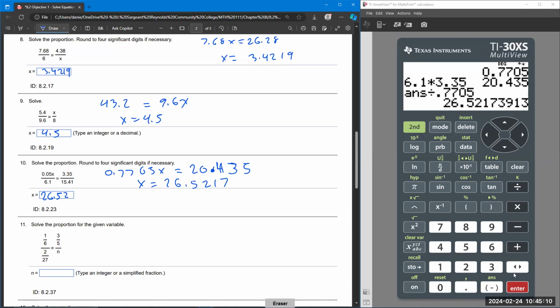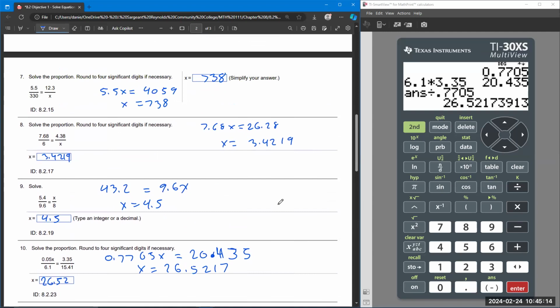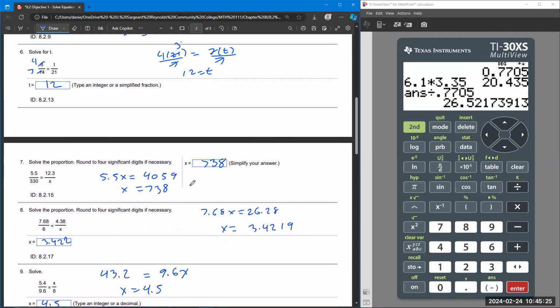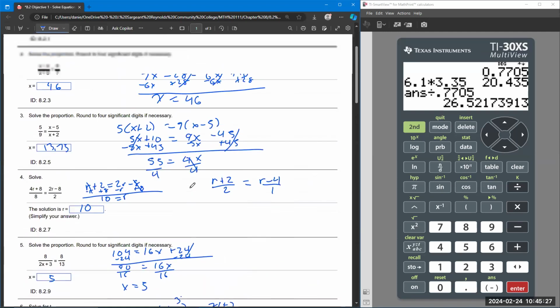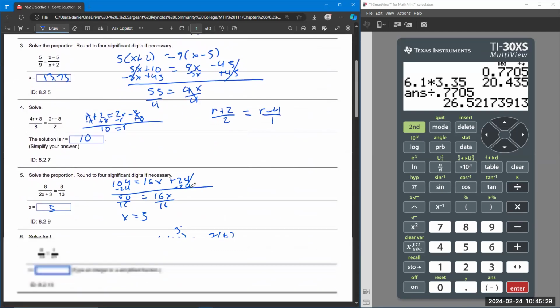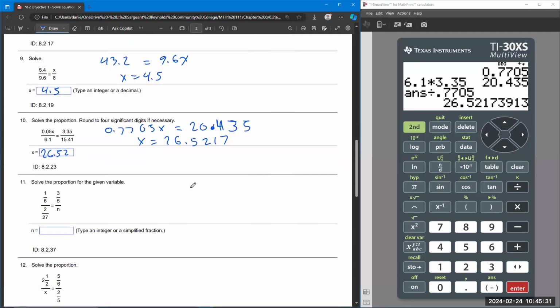So I should be going there and make sure that I got all these right. 4 significant digits is going to be that's going to be a 2. That's it.